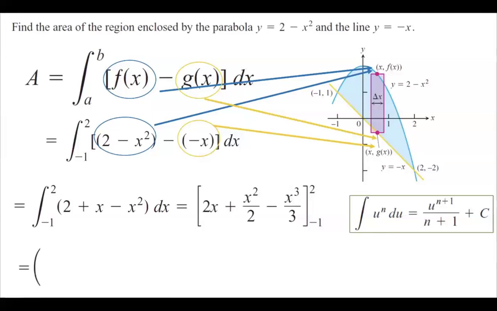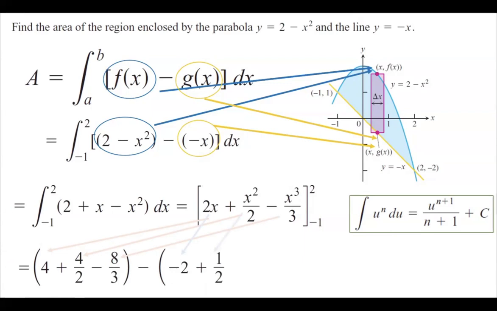Okay, so if you plug in 2, you have 4 plus 2 squared, which is 4, divided by 2, minus 2 to the third, which is 8, divided by 3, and then minus, you plug in -1, which is -2, plus 1 divided by 2, plus 1/3, because you have -1 to the power 3 becomes -1.